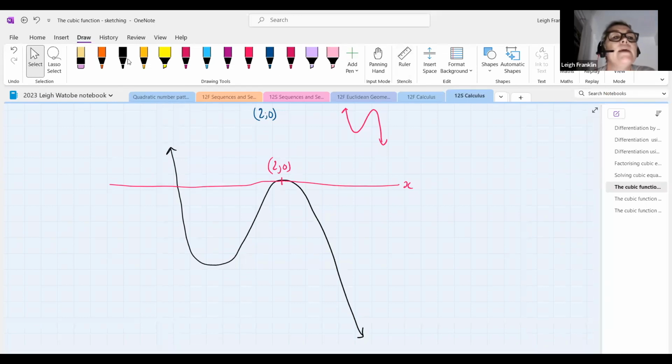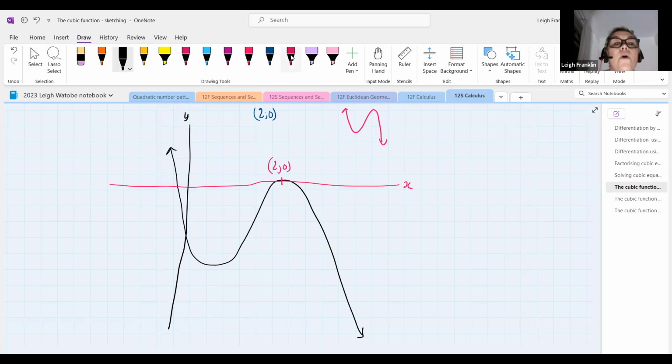All right. It has got a negative y-intercept. So it's something like that. There's the y-axis. So over here, that would be -2 and 0. This point over here would be 0. Hang on a second, that's not right.